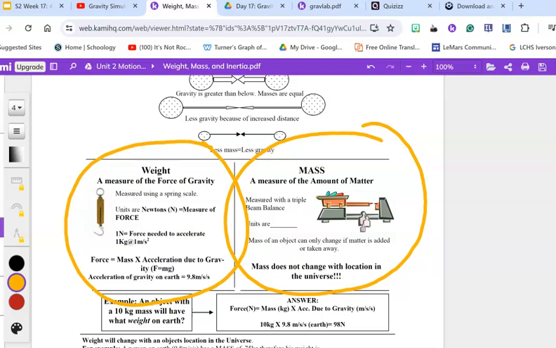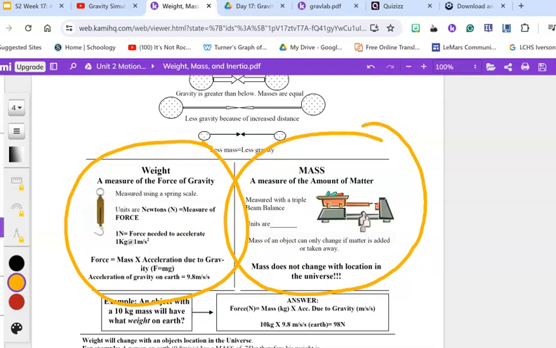And you should have gravity on Earth is 9.8. What we did a little bit of yesterday is look at different planets and what your weight would be on different planets. So the most information that you need are these little pieces of information that are on the worksheet right in front of you.